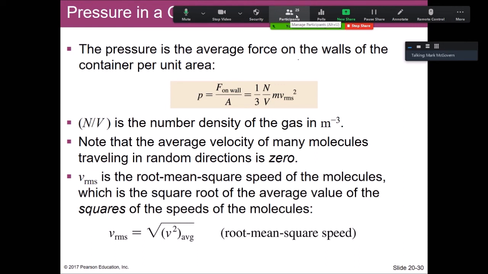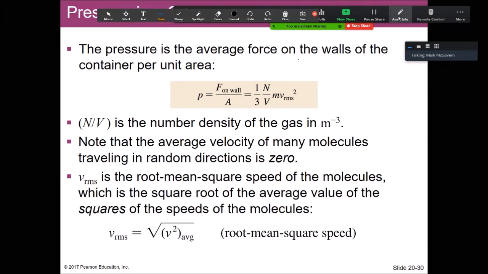All right, so what I'm going to do now is take my expression for force and insert that into the definition of pressure. Pressure is force over area. So let me write out what that's going to look like.